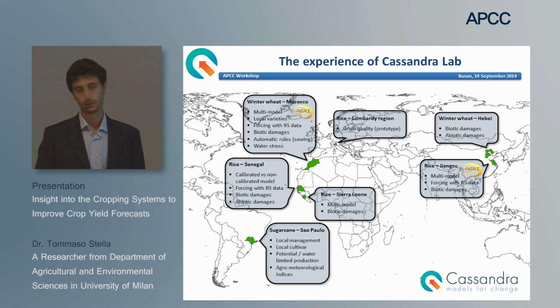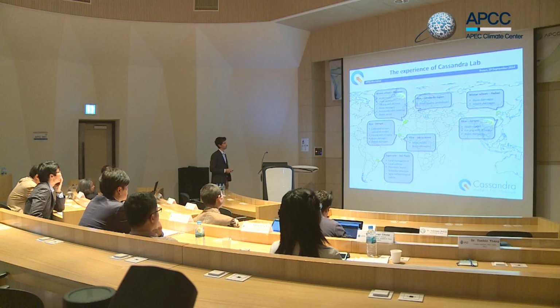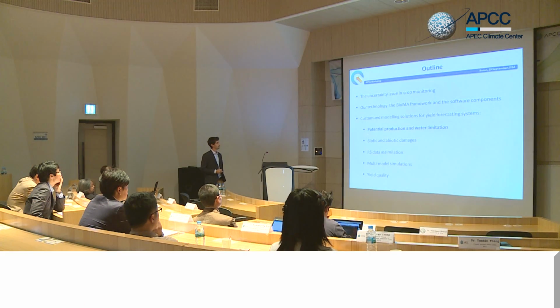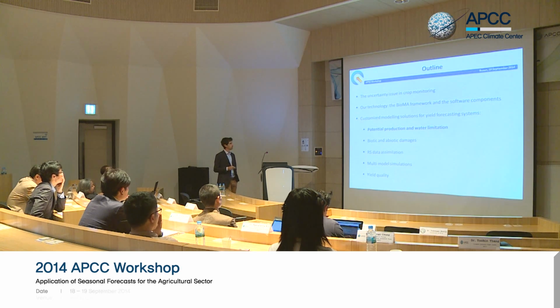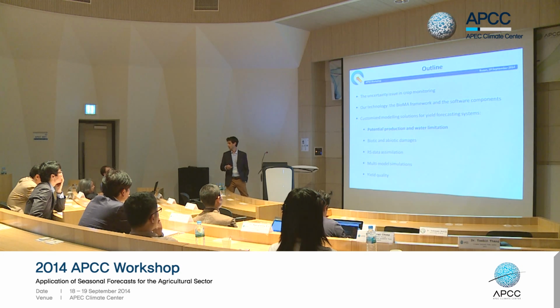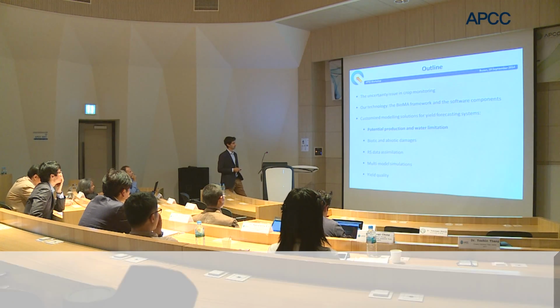And we will see in the next slide how. So, first, I would like to show you the possible differences of simulating potential production and the effect of water limitation on crop growth and development in these yield forecasting systems.